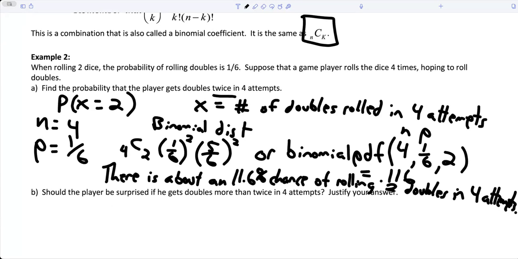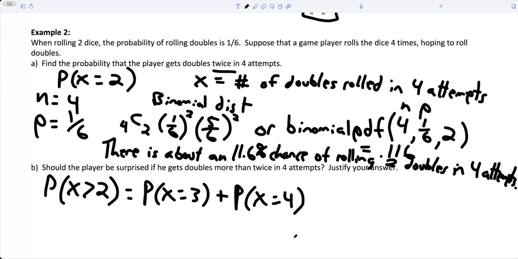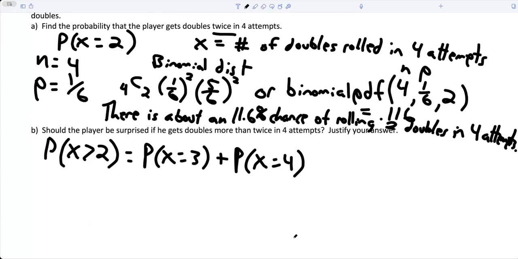So part B says, should the player be surprised if he gets doubles more than twice in 4 attempts? Justify your answer. So here, I want the probability that X is greater than 2. And this is equal to the probability that X is equal to 3 plus the probability that X is equal to 4. There are 2 outcomes that are greater than 2. All right, so let me work this the long way, right?